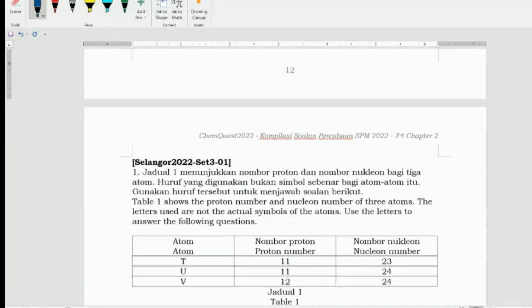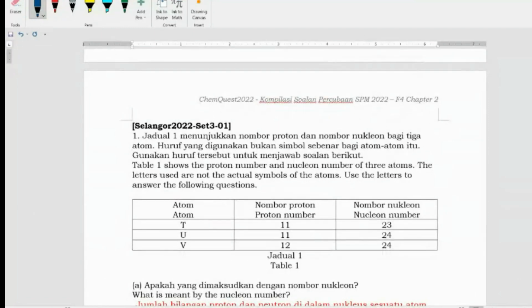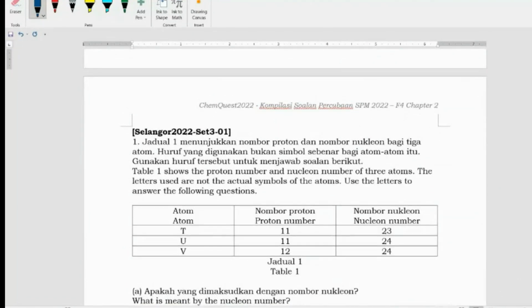A. What is meant by the nucleon number? Okay, you answer. The number of protons and neutrons in the nucleus of an atom.